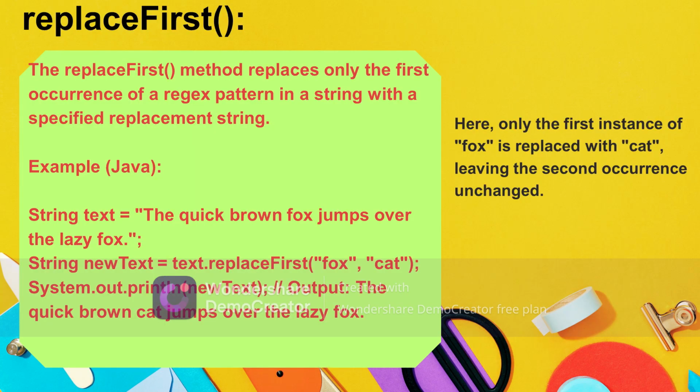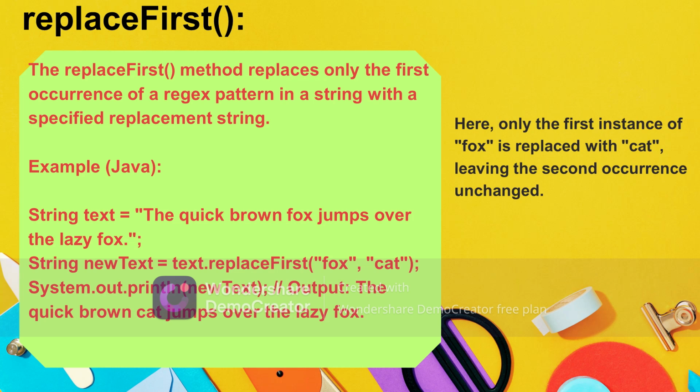Now replaceFirst. The replaceFirst method replaces only the first occurrence of the regex pattern in a string with the specified replacement string. So only that first occurrence of the string will be replaced. Here you can see the example, the quick brown fox jumps over the lazy dog.